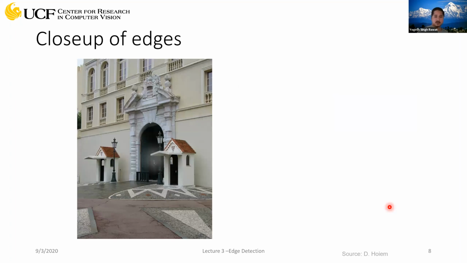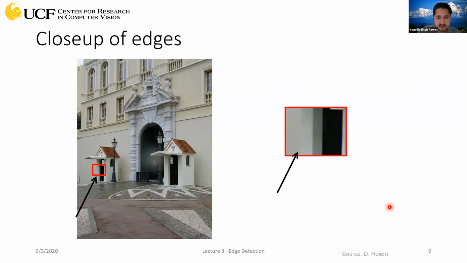Now let's see some more examples in real world images. If you take a patch from this particular location, you can see that in the bigger picture you can easily ignore those edges. They are not very meaningful, but still you have those edges there. It's just the corner of a wall.